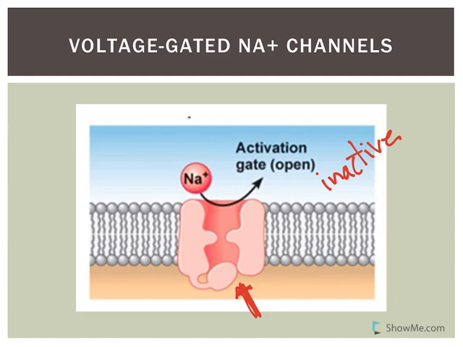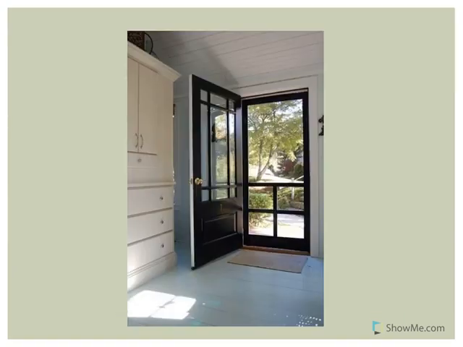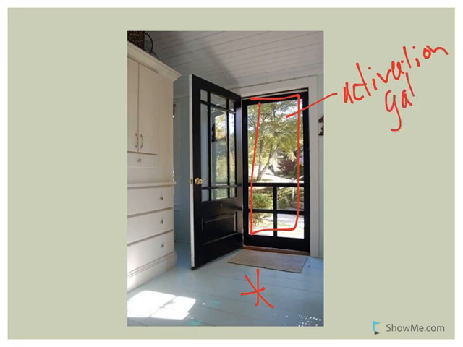I was able to find at least a couple of scenarios to give you an example of these activation and inactivation gates. Here you're inside the house. This here is your activation gate, and this one is your inactivation gate. That's at resting membrane potential. No one's coming in because the activation gate's closed.